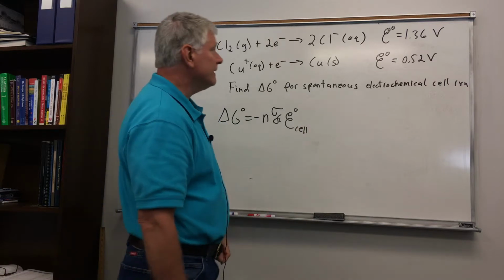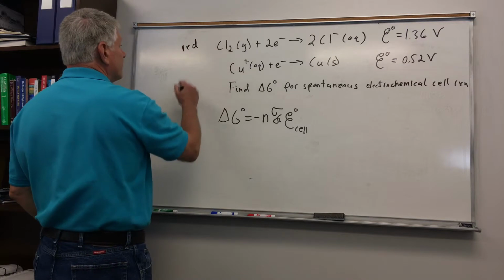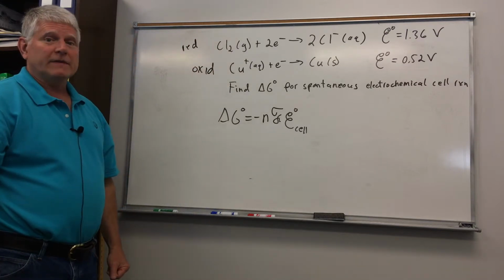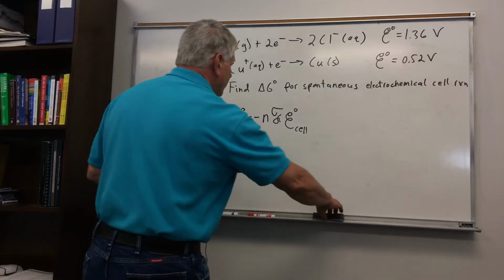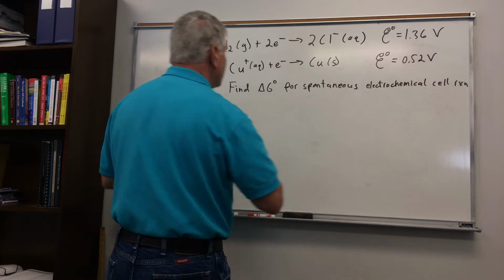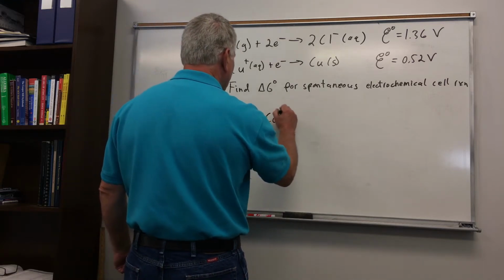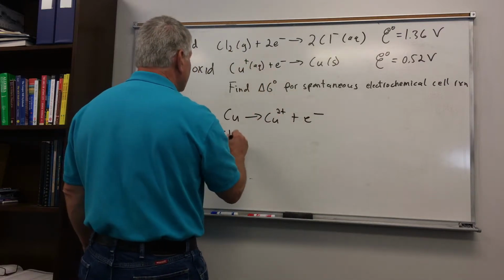So the spontaneous direction would be to have this as the reduction and the second reaction as the oxidation. So we'll write that. Copper being oxidized, and the chlorine will stay as a reduction.